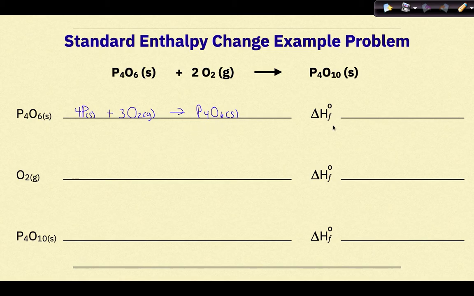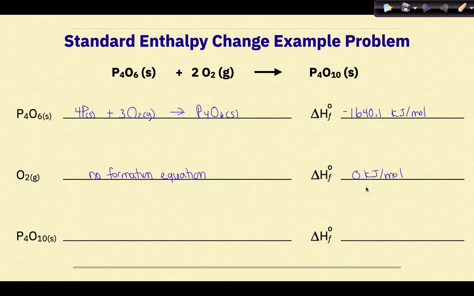And then I would look up my value for the heat of formation for P4O6, and it would be negative 1,640.1 kilojoules per mole. Then, oxygen, no formation equation, not needed because oxygen is an element and it's in its standard state. So this, 0 kilojoules per mole.